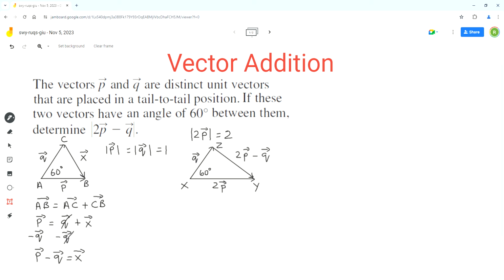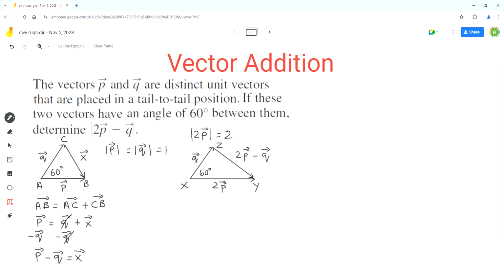So there's a very important concept we need to understand and memorize. Now we can find the magnitude of 2p minus q, or the length of side zy in this triangle, by using the cosine law equation, because we know the length of the other two sides and the included angle.